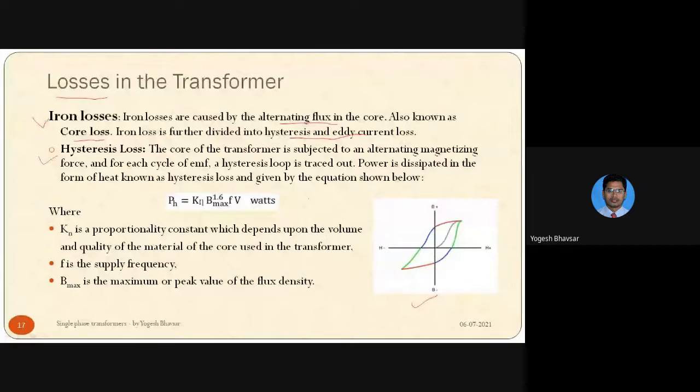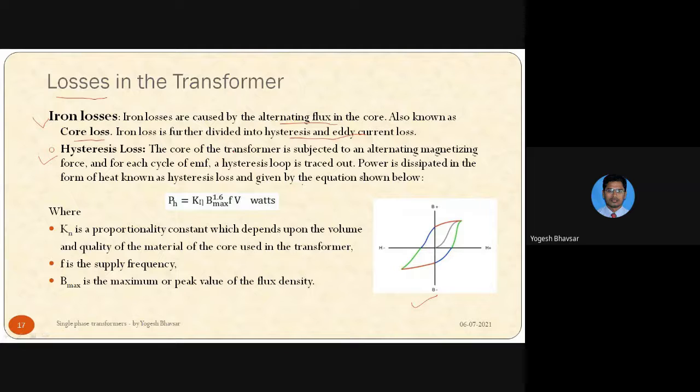The curve which is drawn against magnetic field intensity and the flux density is called the hysteresis loop, or sometimes the BH curve. On the x-axis there is magnetic field intensity. On the y-axis there is flux density.